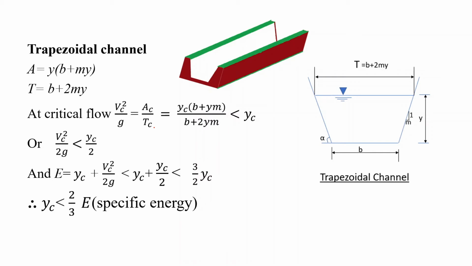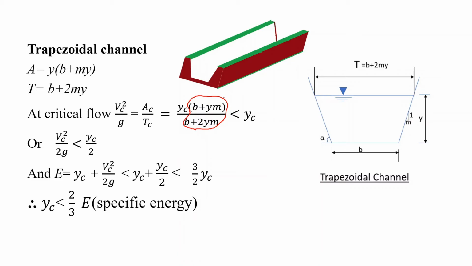So putting the values of Ac and Tc, we get Yc into (B plus MYc) by (B plus 2MYc).